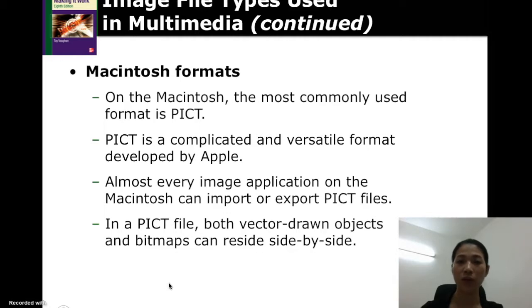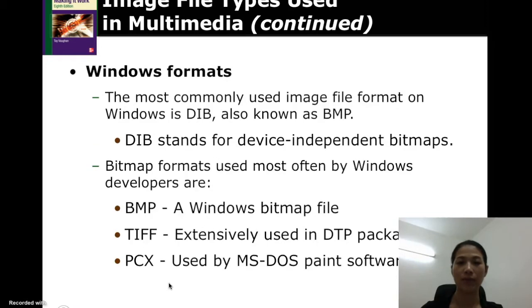It is very complicated and very versatile, as it is developed mainly for Apple use. Almost every application in Mac can import and export PICT files, no problem. But when you transfer to another platform, they might not be able to recognize it. In a PICT file, both vector drawn objects and bitmaps can be resized side by side.